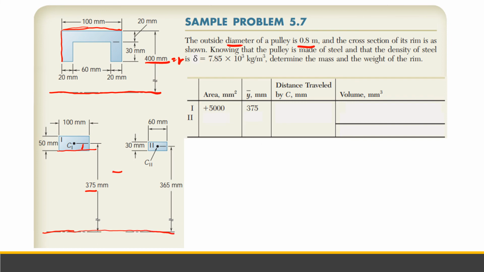The distance traveled is 2 pi times r, which is 375. That is 2356. The volume is the area times the distance traveled. So that is 5,000 times 2356, which is 11.78 times 10 to the power of 6 cubic mm.